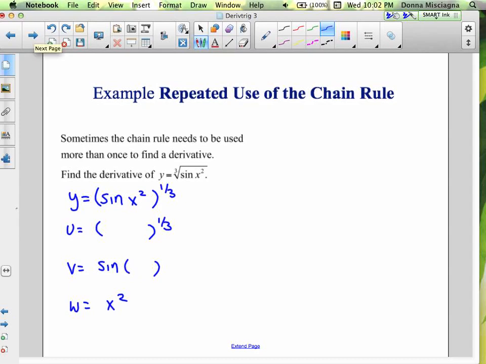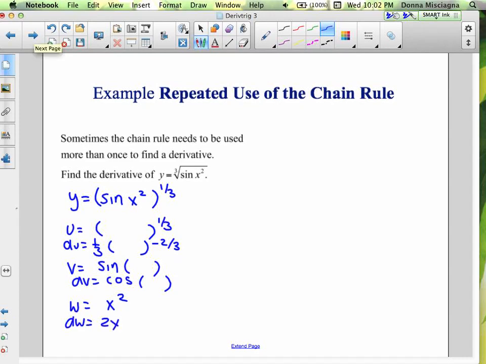So the derivative of blop to the 1/3 is 1/3 blop to the negative 2/3. And we'll simplify that up. The derivative of sine blop is cosine blop, and the derivative of x squared is 2x.